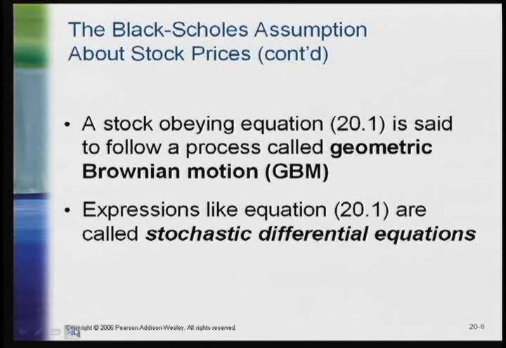As I mentioned a minute ago, the process that was identified in Formula 20.1 is called geometric Brownian motion, and an expression generally of the type that we see in equation 20.1 is called a stochastic process.